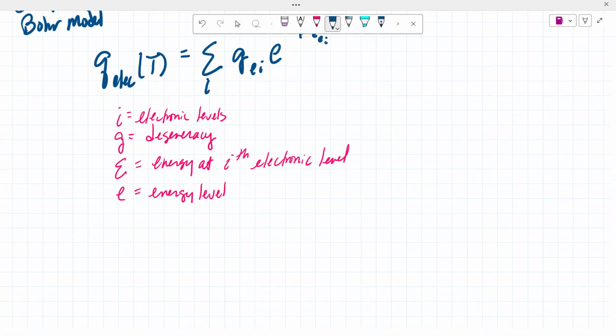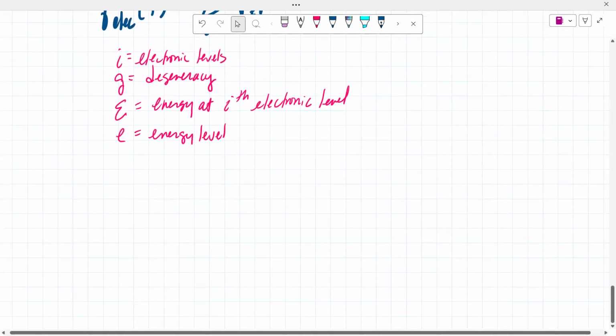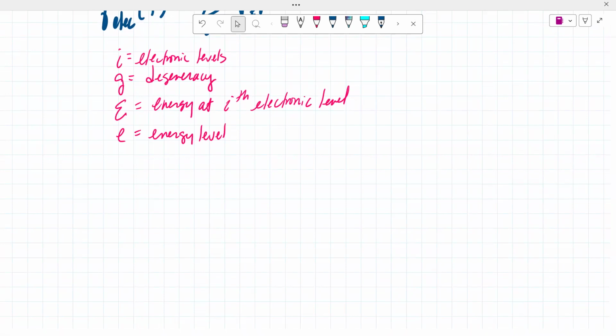We want to write it out now. The function to break out the sum. Okay, so what we're going to do now is break out the sum. So here we have Q electronic, and I'm going to start over here because I need a lot of space for this one.